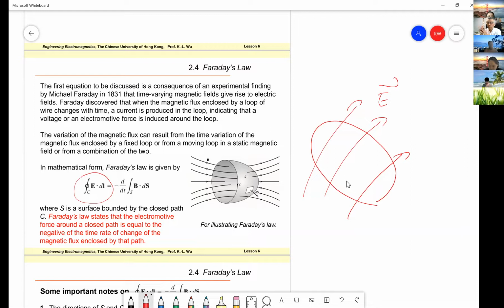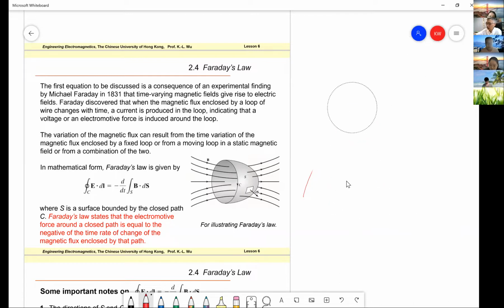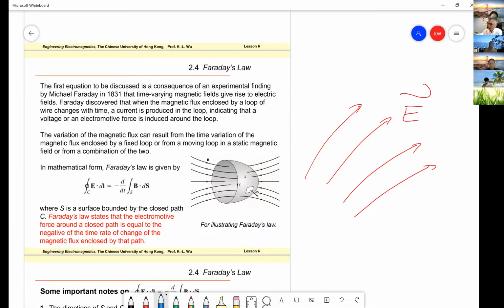That is the difference. All right, then what Faraday's law tells us is, if we have a magnetic field, we define a contour C, starting from a starting point and the ending point is the same point.